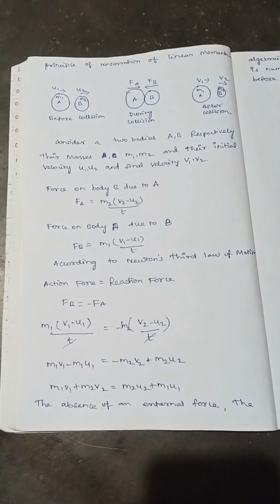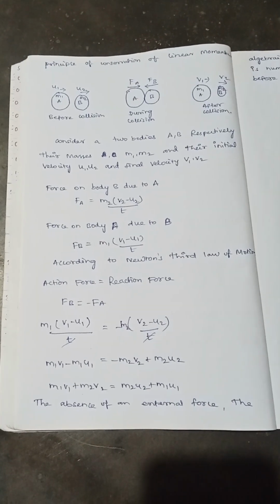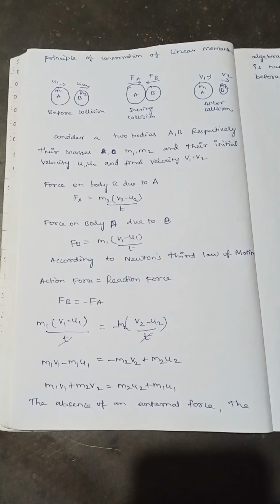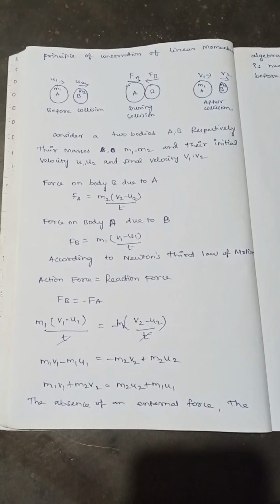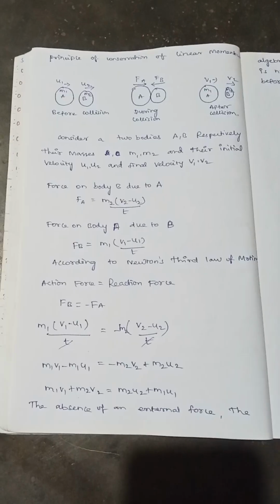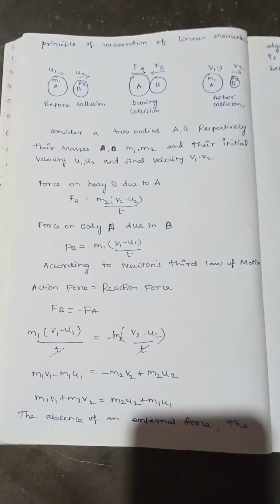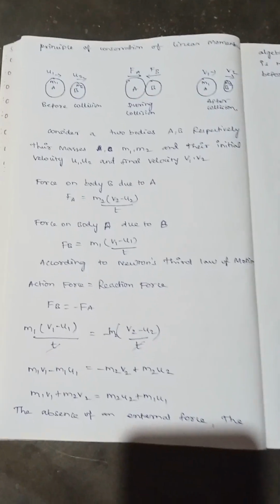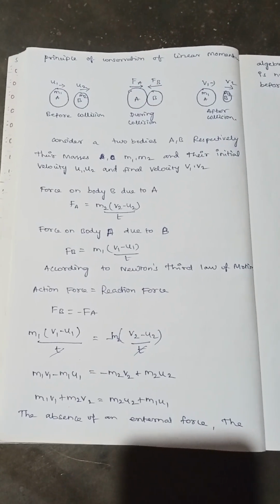Next, we will see the principle of conservation of linear momentum. Consider two bodies A and B with masses m1, m2, initial velocities u1, u2, and final velocities v1, v2. The first diagram is before collision, the second indicates during collision, and the third indicates after collision.